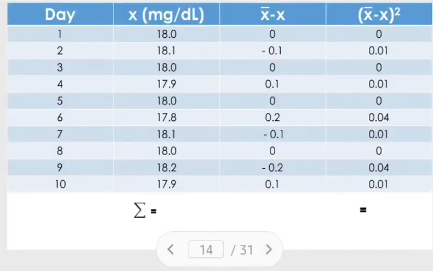So given the data set, let's compute for the mean. 18 plus 18.1 plus 18 plus 17.9 plus 18 plus 17.8 plus 18.1 plus 18 plus 18.2 plus 17.9, we get 180.